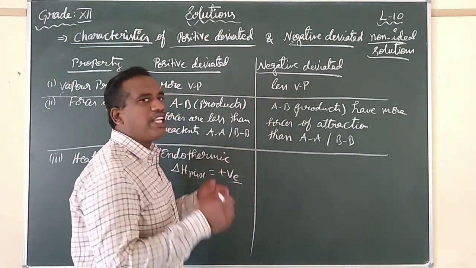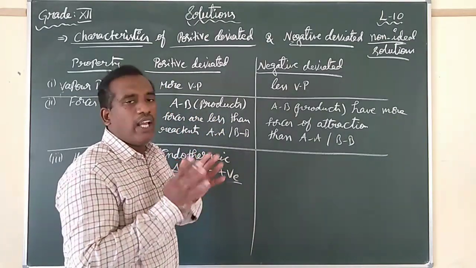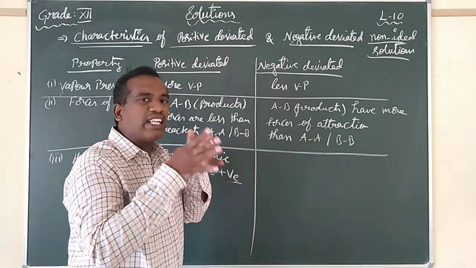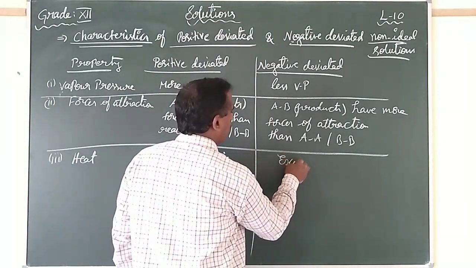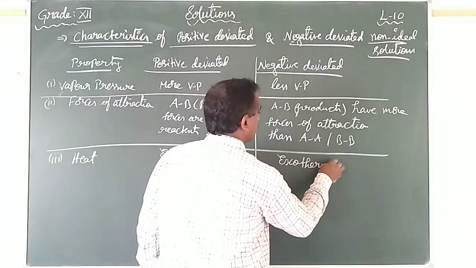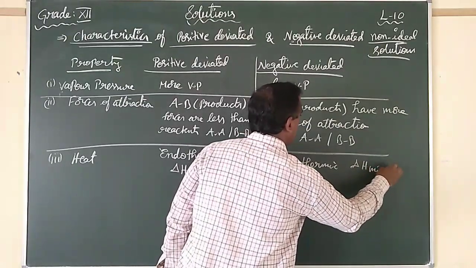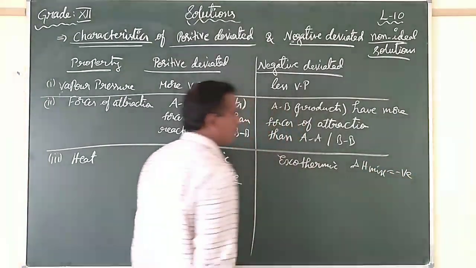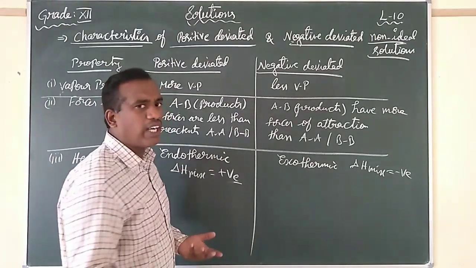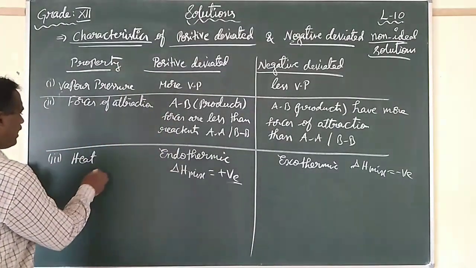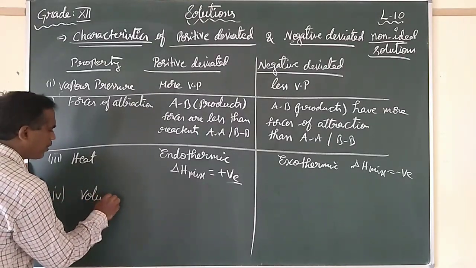But in the case of negatively deviated, they form more force of attraction between them and release heat to the surroundings. What do we call that type of system? We call them exothermic reactions. For exothermic reactions, the enthalpy will be negative. That is the heat content.